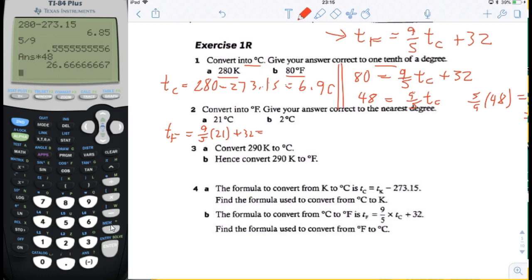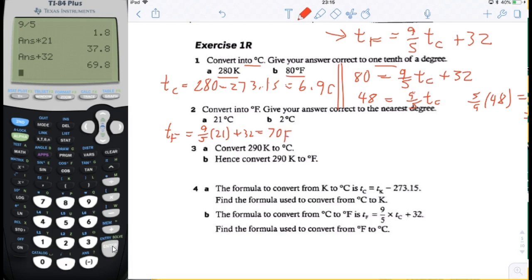We have the variable on the left, and everything else on the right. So we'll do 9/5, which is 1.8. Multiply that times 21, then add 32, and I get 69.8. But I want the nearest degree, so I'm going to put 70. 70 Celsius. No, 70 Fahrenheit.